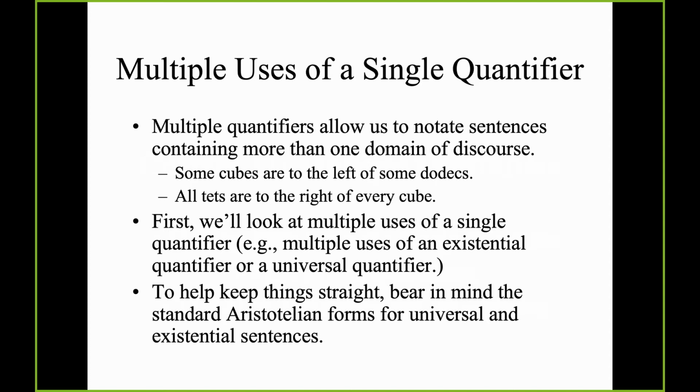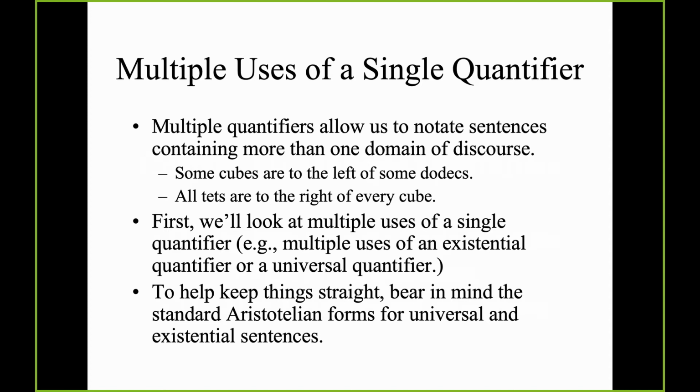And that's why things can get a little bit rough. Sometimes we think that the logical notation says more than it does, or sometimes we think the logical notation says one thing, but then it turns out that it actually says something different from what we wanted to express.